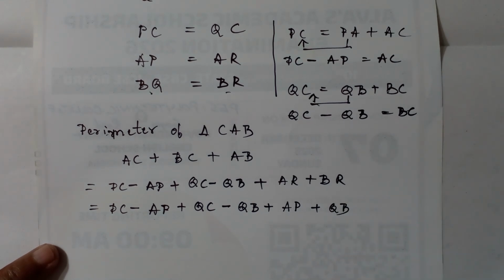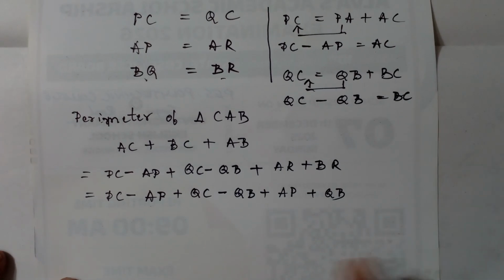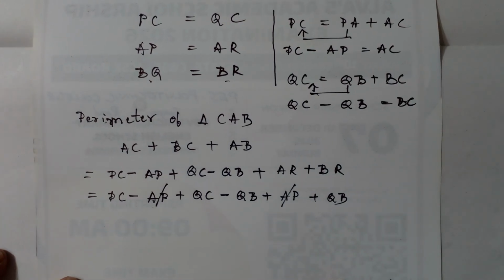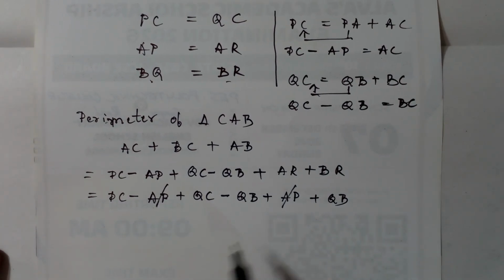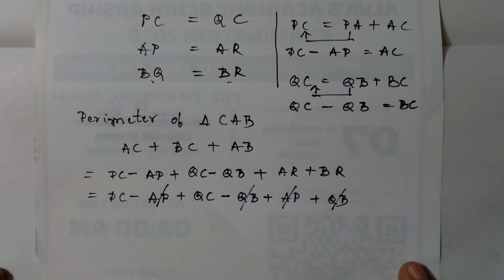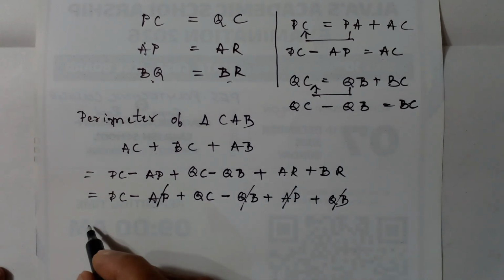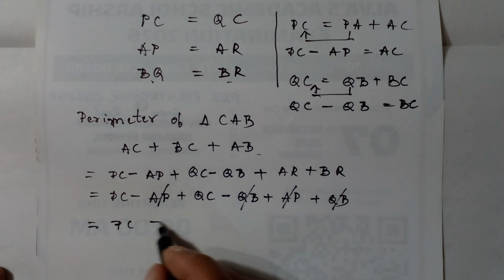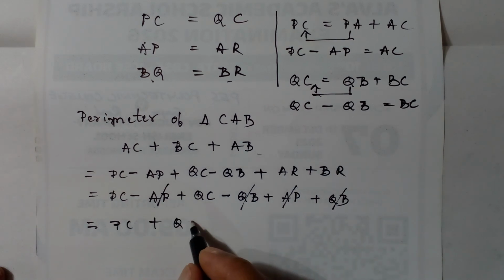Observe, depending upon the signs there is a chance to cancel terms. Plus AP minus AP cancelled, and minus QB plus QB cancelled. They become 0. Therefore, the perimeter of the triangle, AC plus BC plus AB, what remains is PC plus QC.